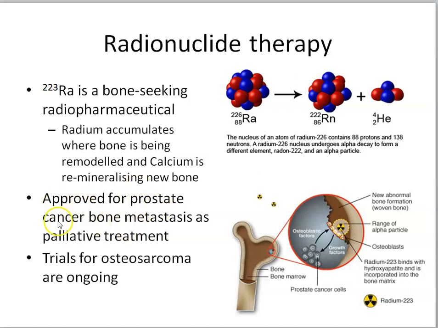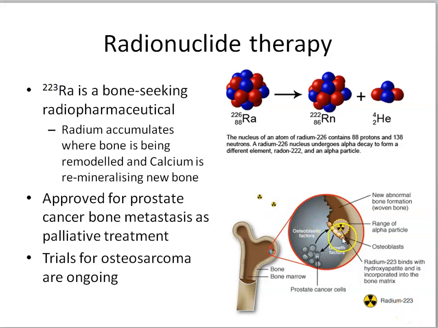It's used for prostate cancer bone metastasis because radium accumulates where calcium would naturally be deposited, where there's new bone formation going on. Since prostate cancer cells drive new bone formation as well as growing within the bone marrow cavity, that would create an environment where radium would accumulate.